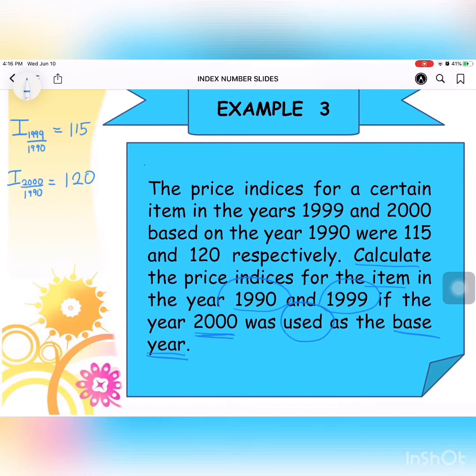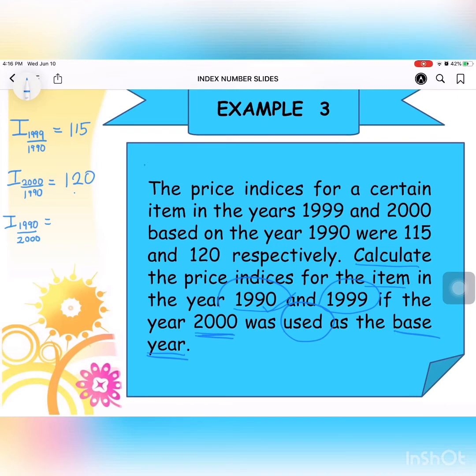So what do we need to do? We have to find the price index for 1990 first. How to find the price index for 1990 based on 2000? We have 120, meaning that this is the price index for 2000 based on 1990.